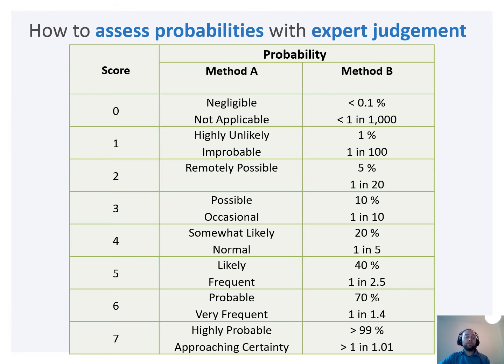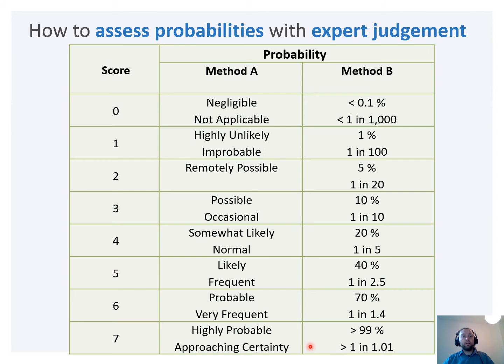And for this, there is a method of so-called expert judgment, where we jointly together with many different experts assess if in the short, medium or long-term future, the likelihood or probability for a hazard is negligible or maybe even approaching certainty.